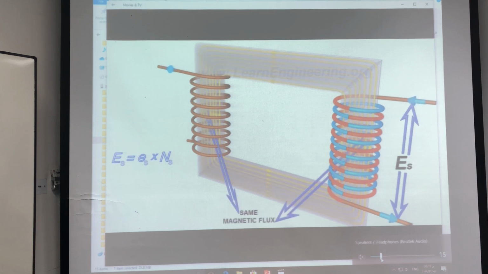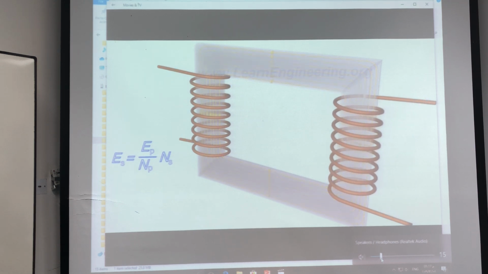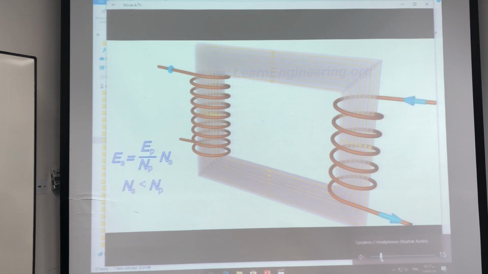Since the same magnetic flux is passing through the primary and secondary coils, the EMF per turn for both the primary and secondary coils will be the same. The EMF per turn for the primary coil is related to the applied input voltage as shown. As a result, the induced EMF at the secondary coil is expressed as follows. This simply means that with fewer turns in the secondary than in the primary, one can lower the voltage.